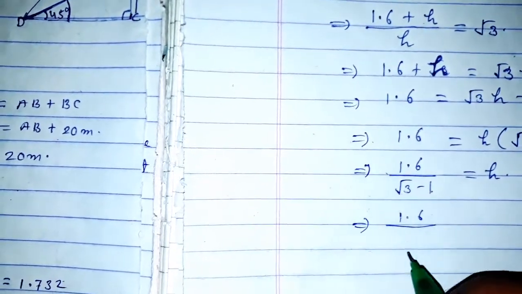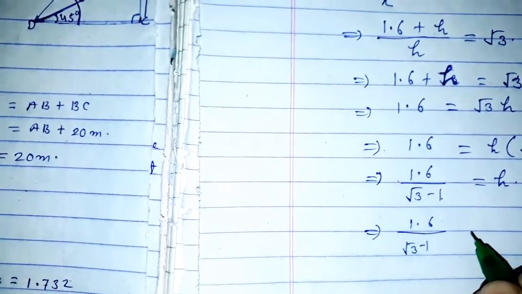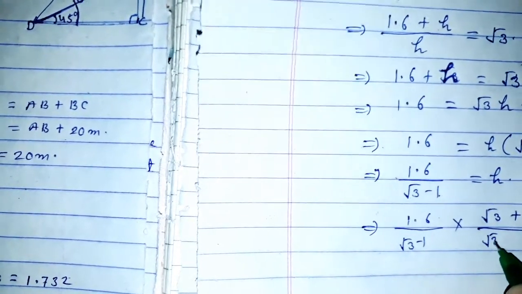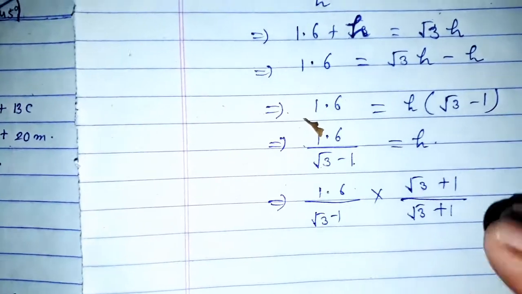1.6 upon root 3 minus 1 into root 3 plus 1 upon root 3 plus 1, rationalizing here.